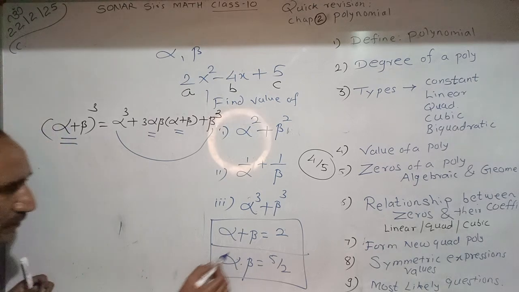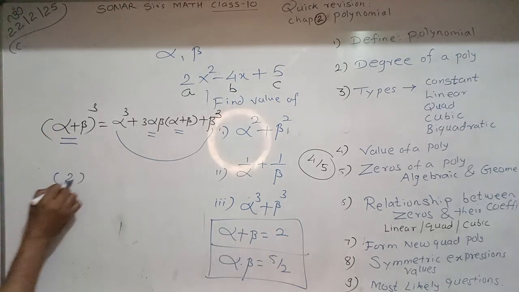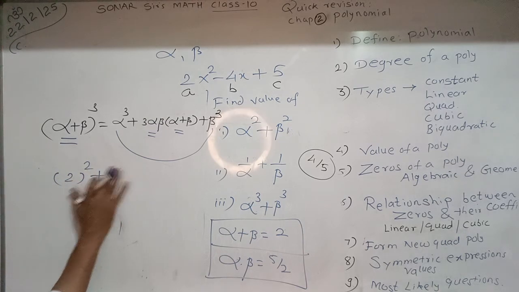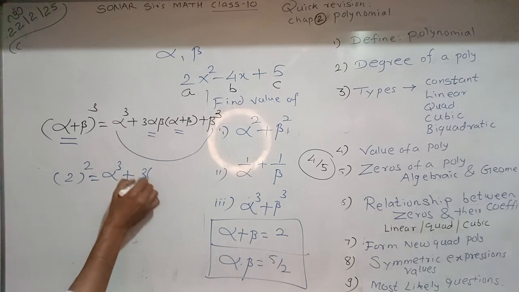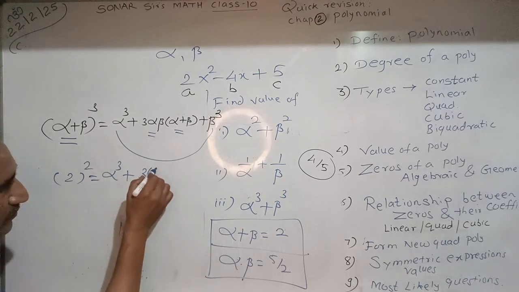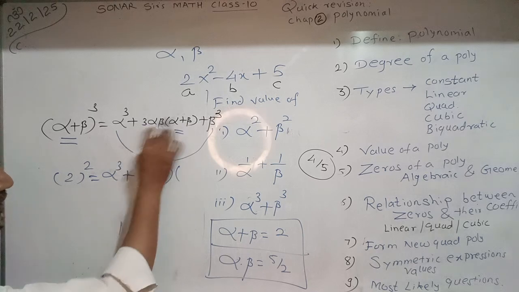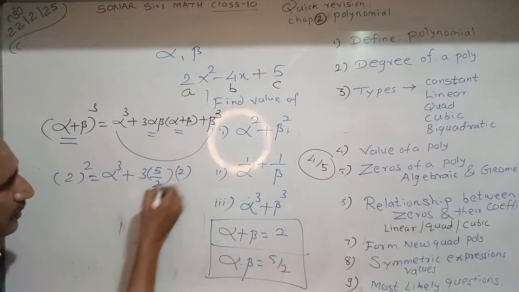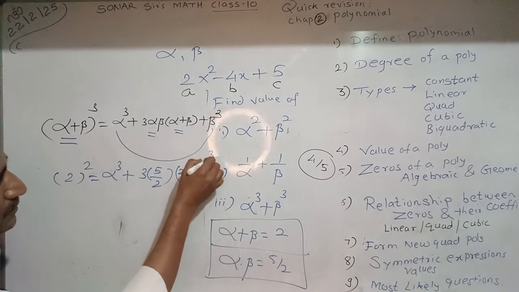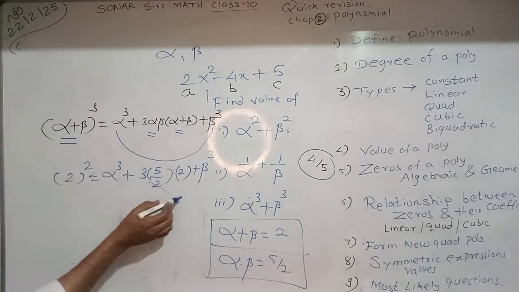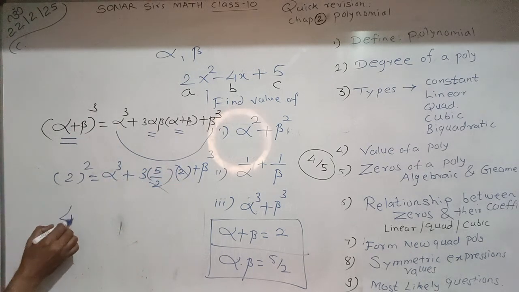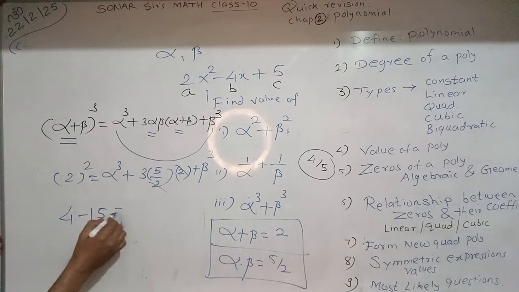So put alpha plus beta as 2, then 8. Alpha cube we don't have, we'll keep it as it is. 3 alpha into beta is 5 upon 2, alpha plus beta again 2, plus this beta cube. Now 2 will get cancelled, 5 3s are 15, 4 minus 15.